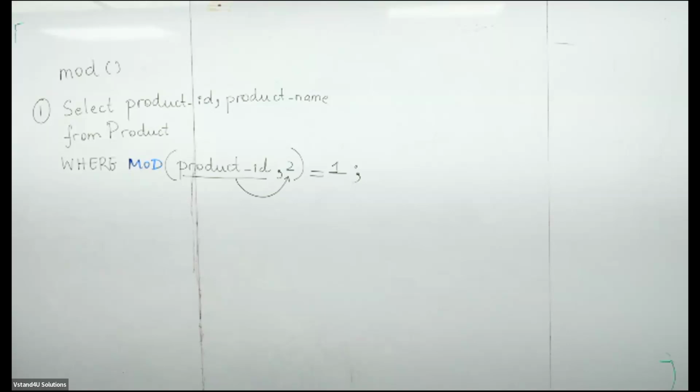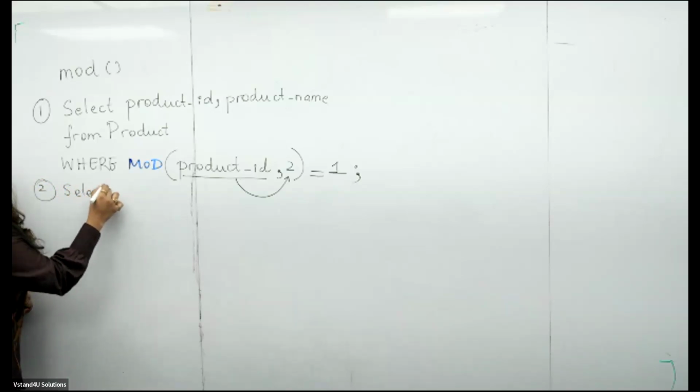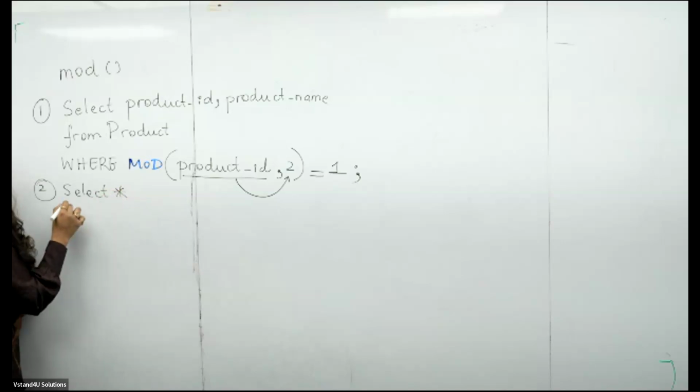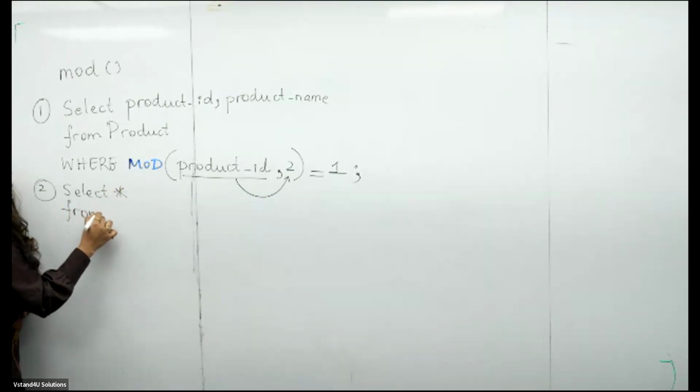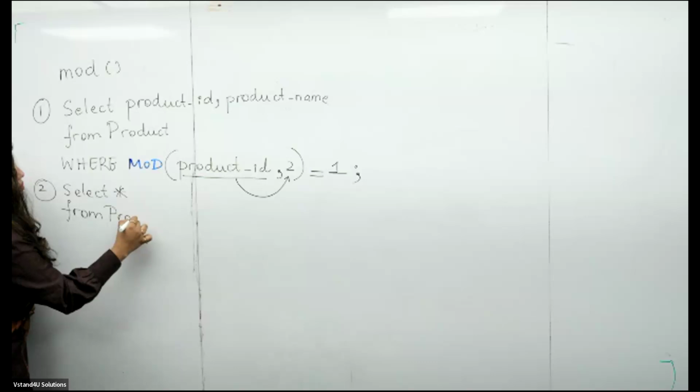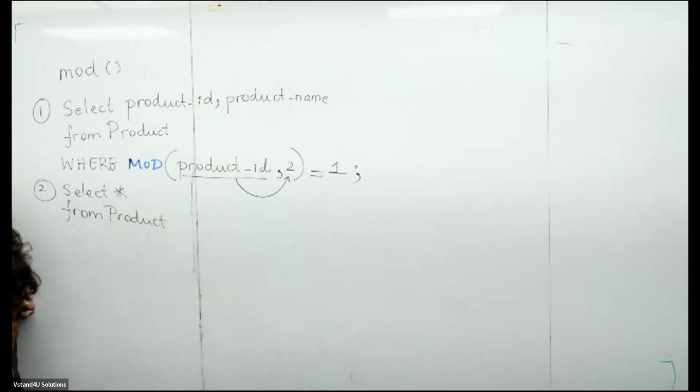Now what you have to do? They are telling you to write a query to find the products. Yes or no? So are they telling you to find for any specific column? No. So what you will write? You will say select star from the table called product. What is the condition they are telling here? Product price that leaves a remainder of. So obviously here also you have to use the mod function.